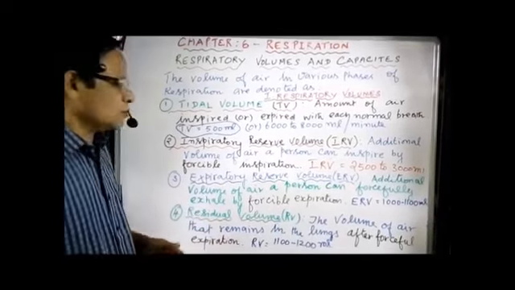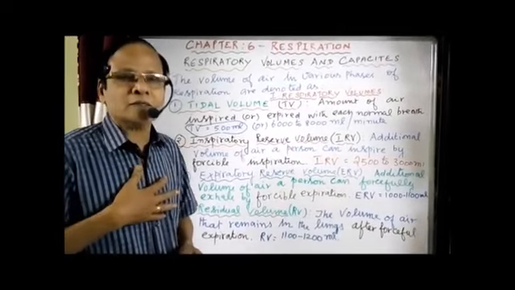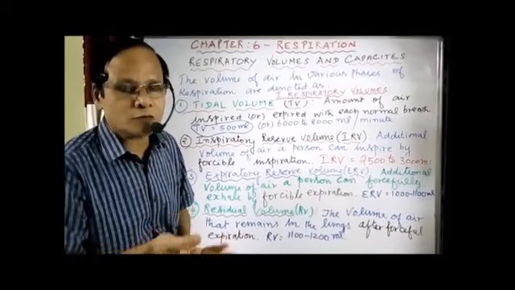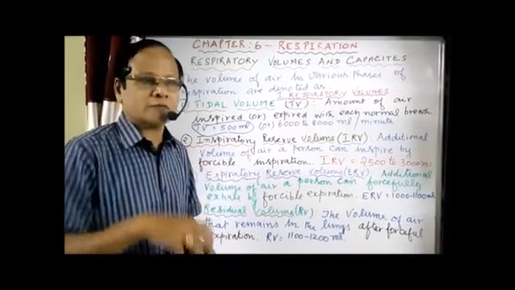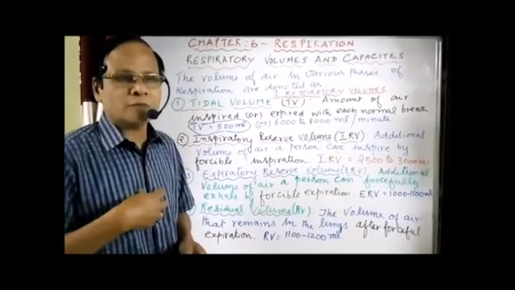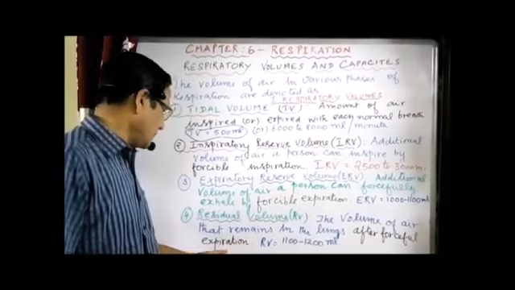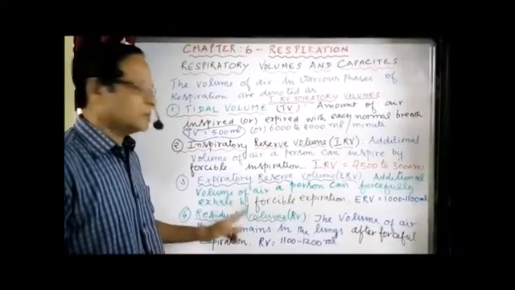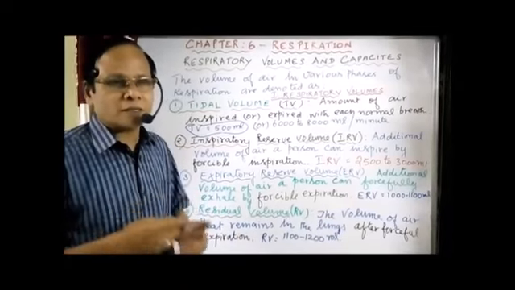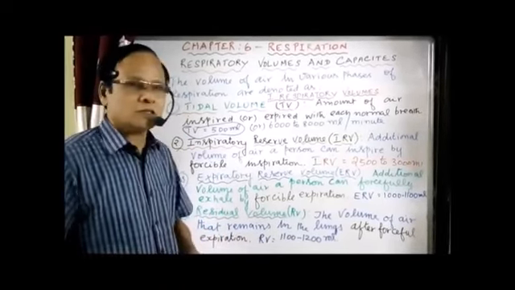Then coming to the residual volume. It is the volume of air that remains in the lungs after forcible expiration, that is during activities, not just during tidal volume. The amount of air that remains in the lungs after forcible expiration is called the residual volume.